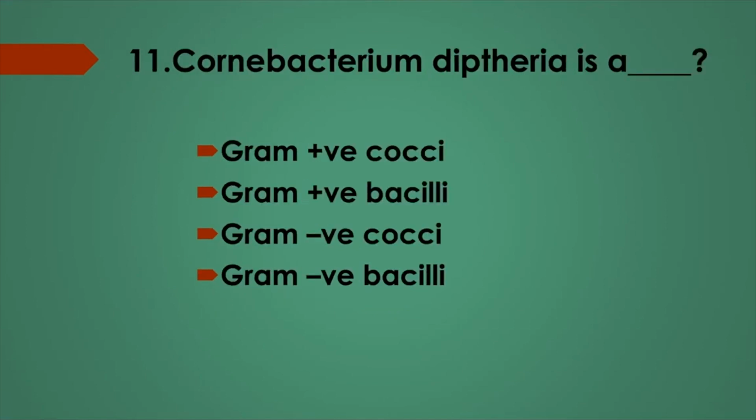Question number 11. Corynebacterium diphtheriae is a option A, gram-positive cocci, option B, gram-positive bacilli, option C, gram-negative cocci, option D, gram-negative bacilli.